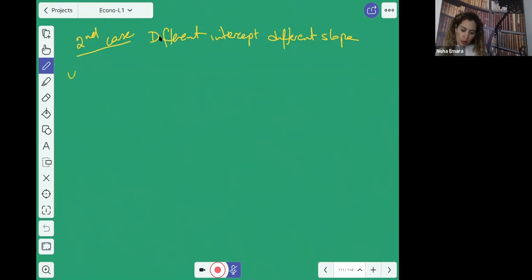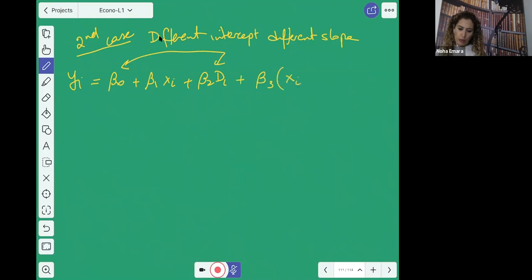So in order to be able to get different intercept and different slope, I need to add a dummy because this one would be added to the intercept of the model, creating a new intercept. But I also have to have an interaction term that is going to affect the impact of experience, okay?